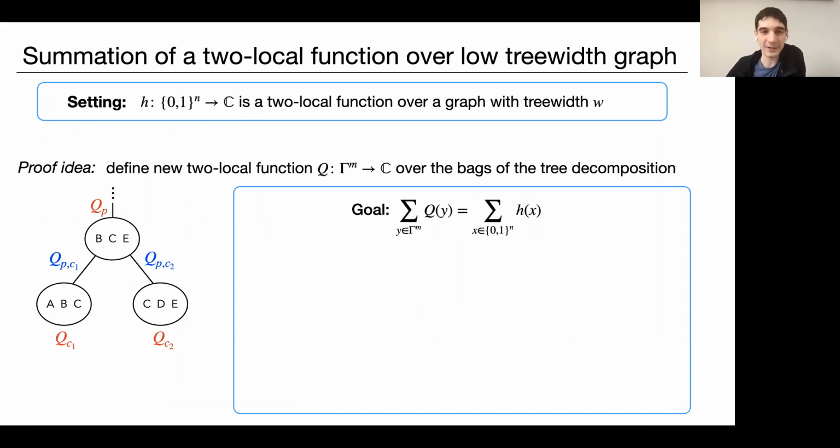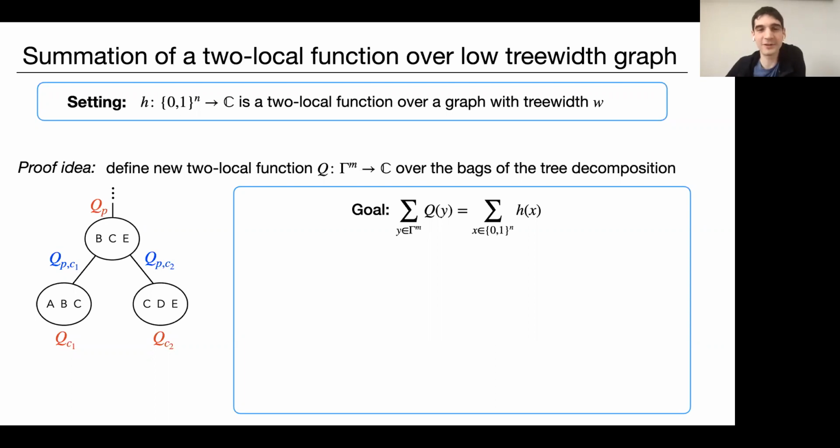So we're going to define a new two local function over the bags of the tree decomposition, where the sum over all of the inputs to the new two local function equals the sum over all the variables to the original two local function. And recall that the tree decomposition is itself a tree. So this is why we're using this previous step, because the tree decomposition is itself a tree.